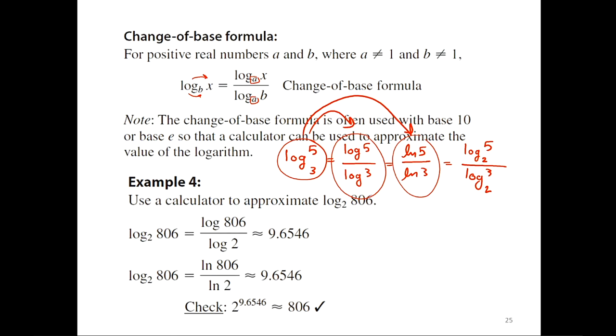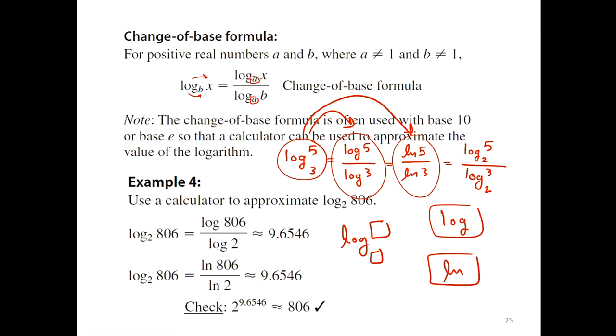Also, the old calculator has log and ln, but a new calculator has log with an argument and you put in the base. This is a new calculator, but the old calculator uses log with base 10, this is the common logarithm, or ln, this is logarithm with base e only.